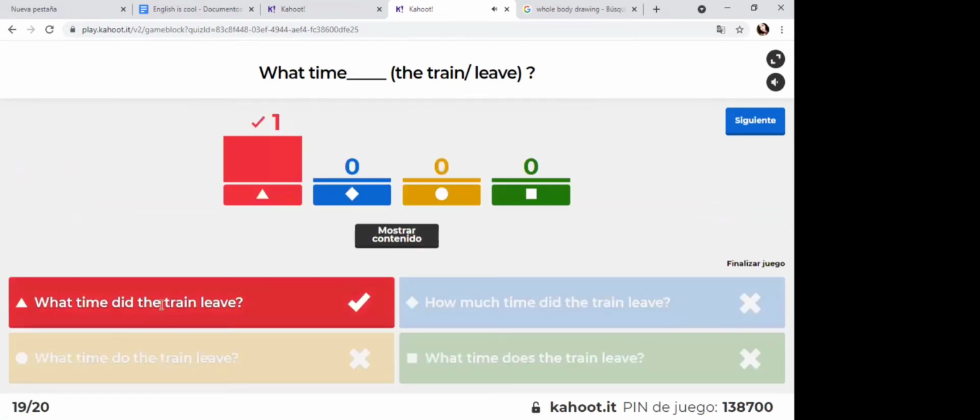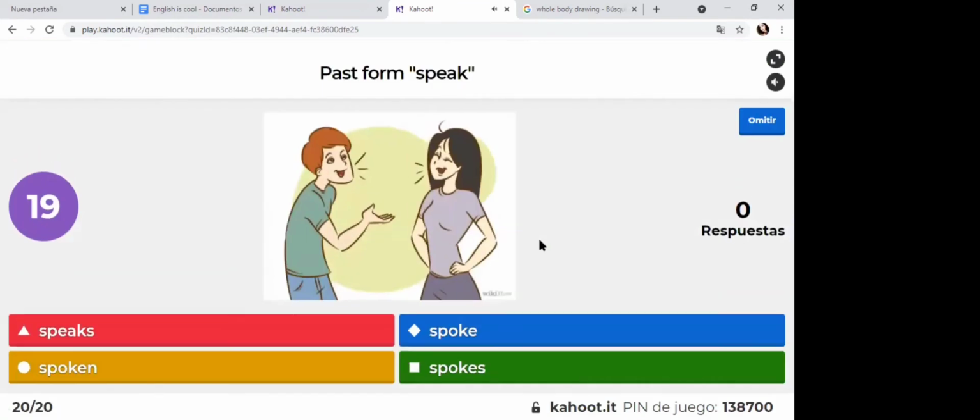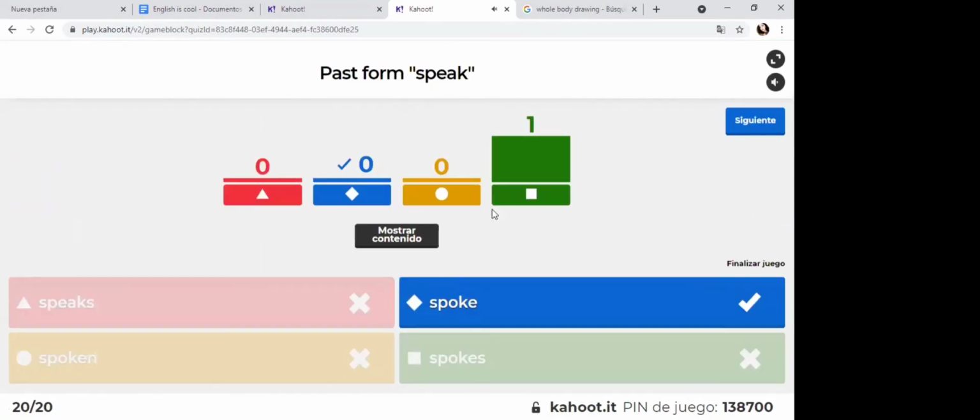Did, perfect, very good. What time did the train leave? The past form of speak. The past form is spoke. We have to study a lot these verbs.